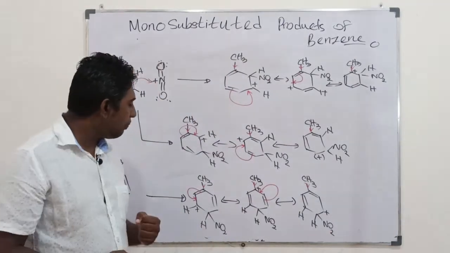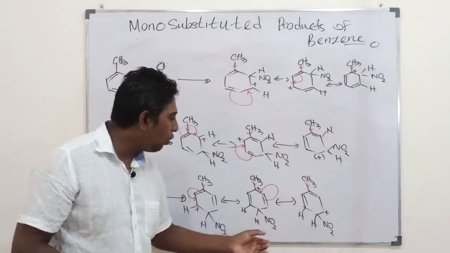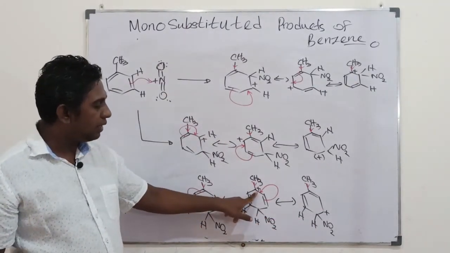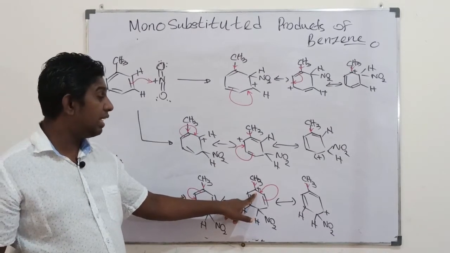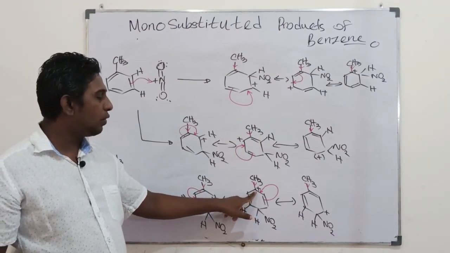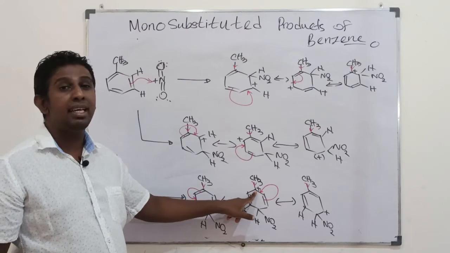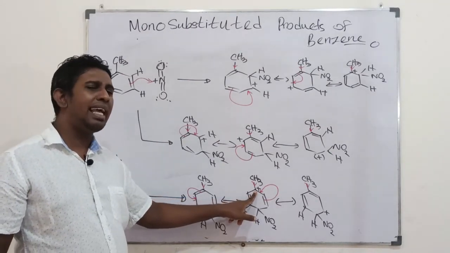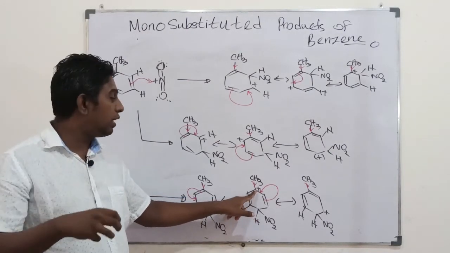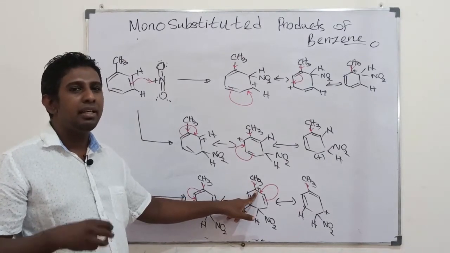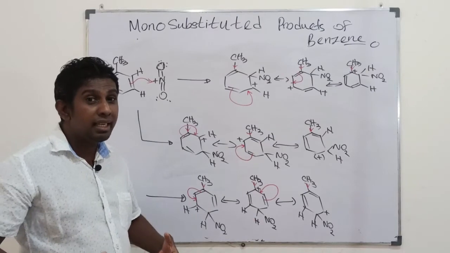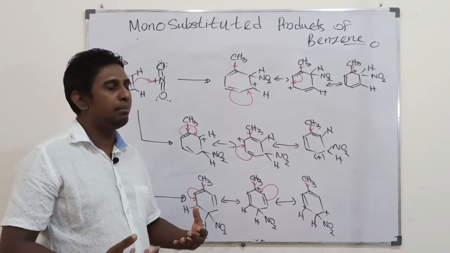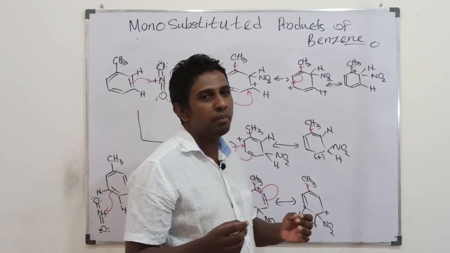Here, on this carbon, you get the positive charge. In one resonance structure again, you get a positive charge on the carbon that the methyl group is directly attached to. Then the methyl group repels electrons towards it, neutralizing or reducing its positiveness. Therefore, it's a great support provided by the methyl group.